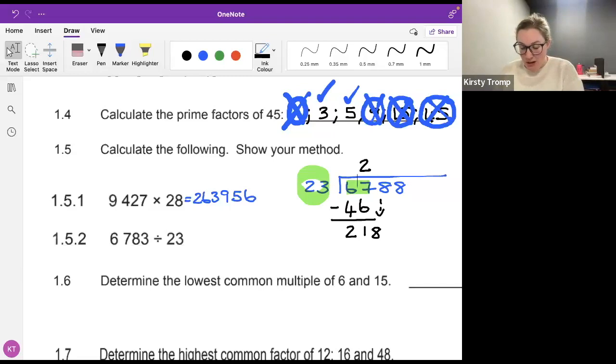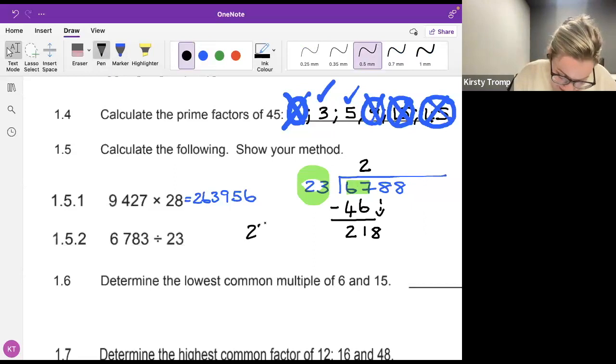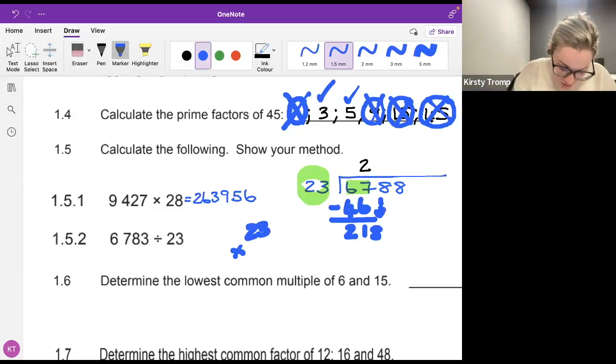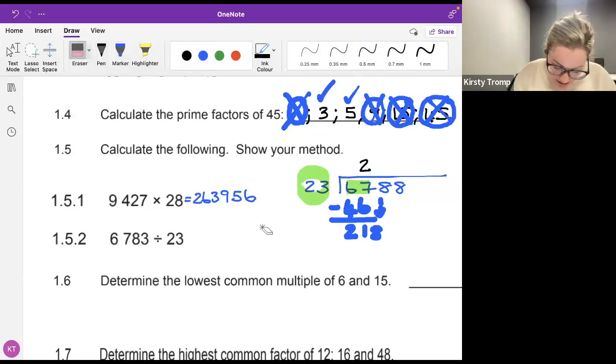So I'm going to do a quick thing on the side here. I would work out how many times 23 goes into 218. I'm going to guess. I know that it's definitely not going to go in 10 times. Do you guys agree?